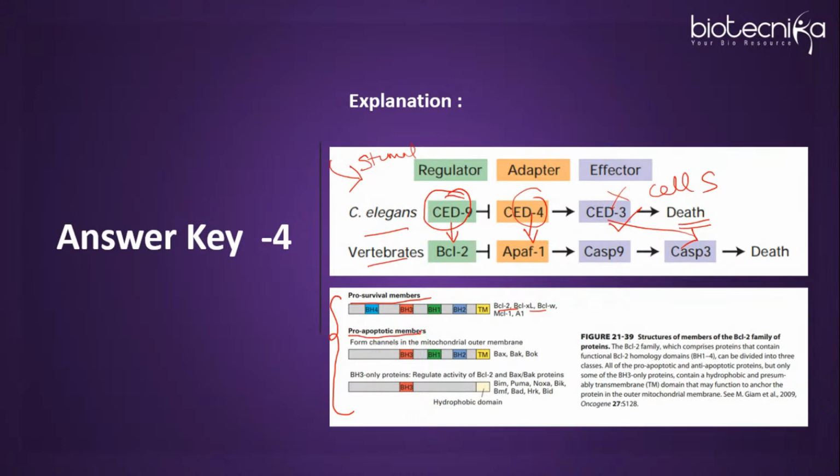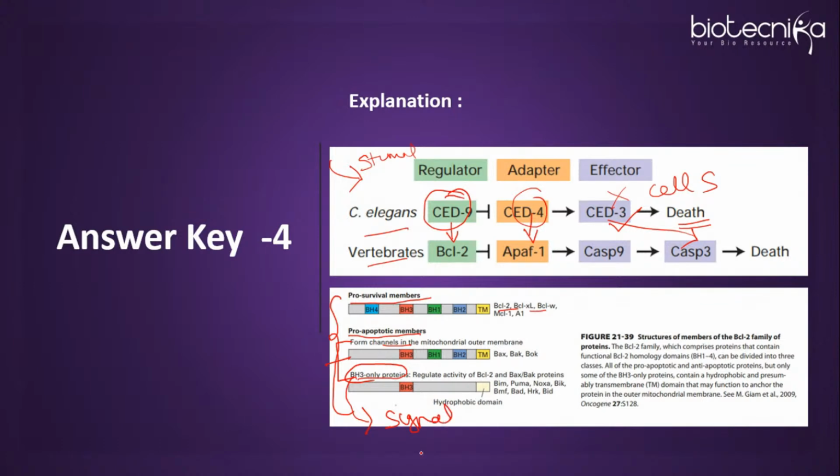Then those that include pro-apoptotic members that induce apoptosis. That is broadly classified into 2 types. One is channel forming proteins, another is BH3 only proteins. It is these BH3 only proteins that act as a signal for a cell to undergo apoptosis.